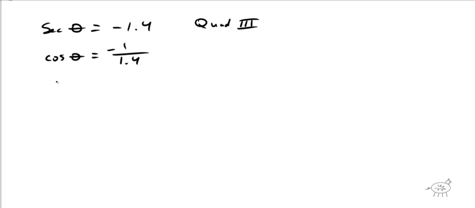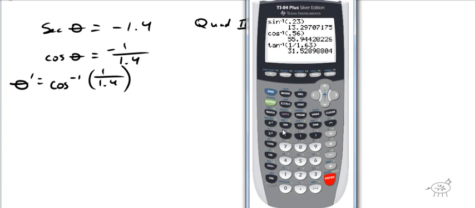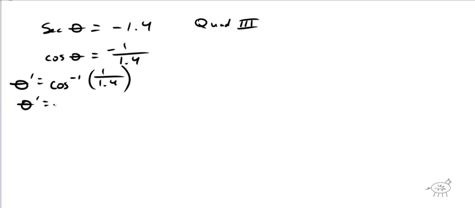Of course, remember, we do inverse cosine of positive 1 over 1.4 to get our reference angle. That's inverse cosine of 1 divided by 1.4, and our reference angle is 44.4 degrees. So theta prime equals 44.4 degrees.